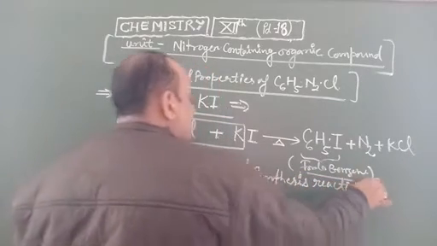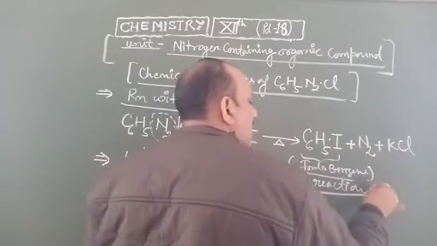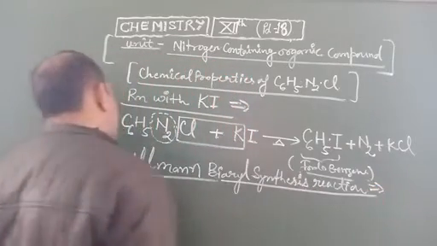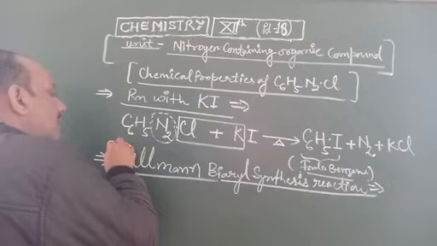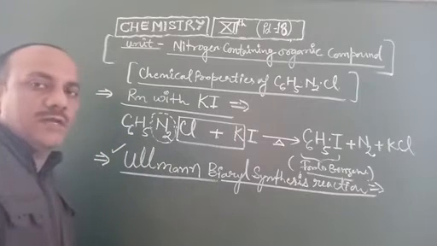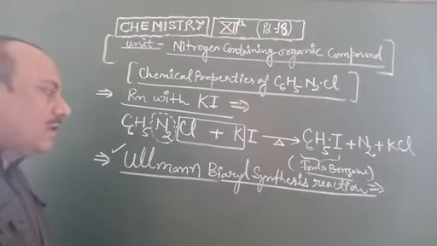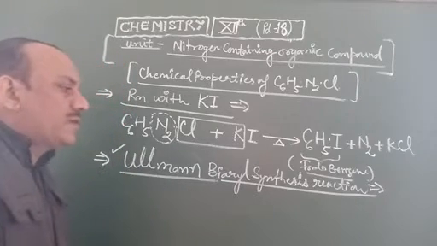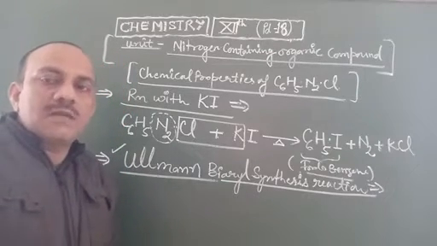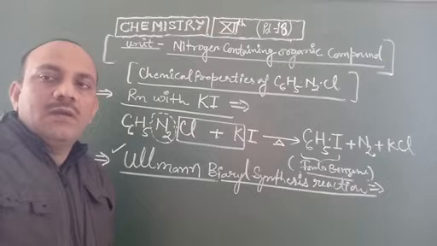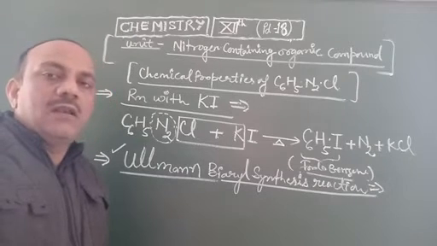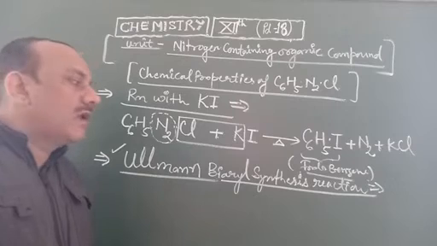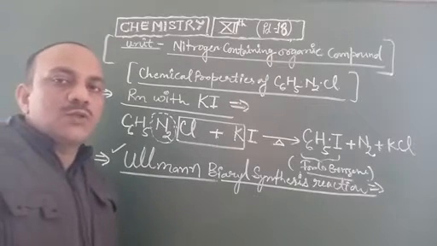It is a coupling reaction. In short, it is known as the Ullmann reaction. This reaction follows the concept of the Wurtz-Fittig reaction, but with a change. Here we use copper metal, but in the Wurtz-Fittig reaction we used sodium metal.